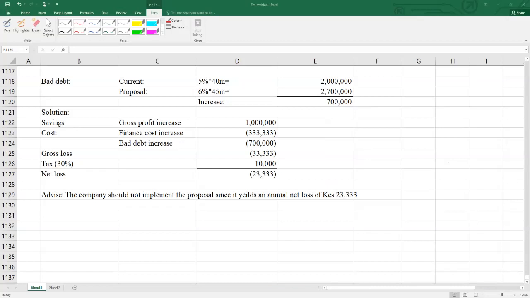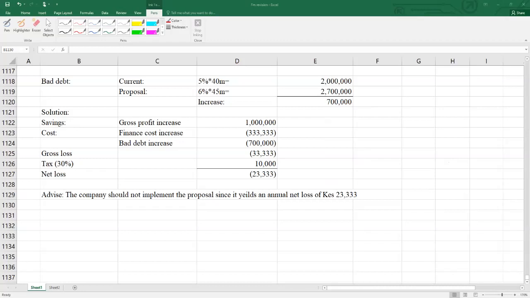Now, when it comes to the bad debt, the bad debt is always based on the sales you make on credit. Don't forget, the receivable is a credit sale that is outstanding at a point in time. If you make a sale today worth 10 million and the customer is here to pay you, then you can say that the sales you made is equal to your account receivable.